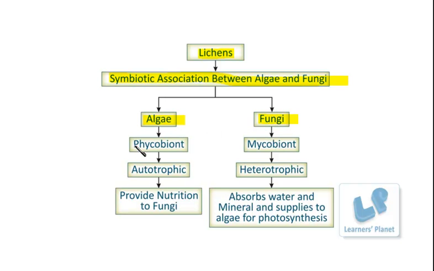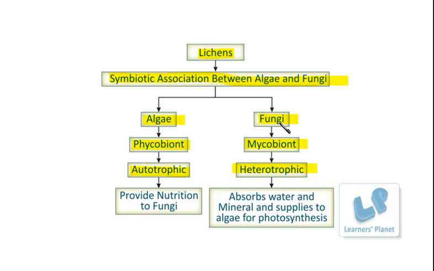Algae is known as the phycobiont, whereas fungi is the mycobiont. Phycobiont means the one which is autotrophic. The algae is able to synthesize its own food, whereas the fungi is heterotrophic in nature, but it has the absorption power. It can absorb things from the surroundings, right?